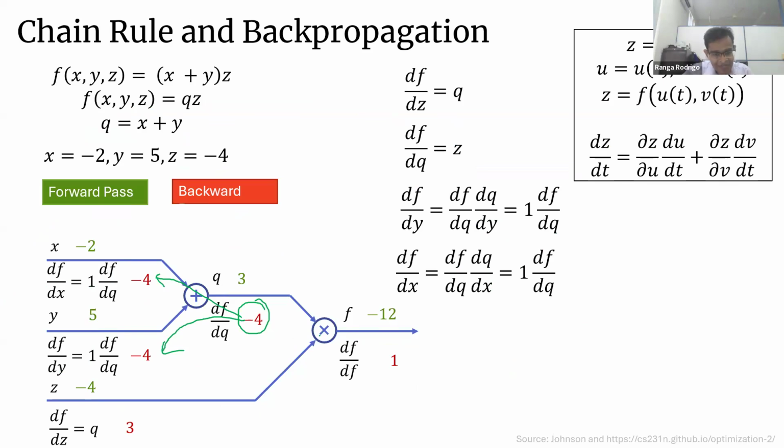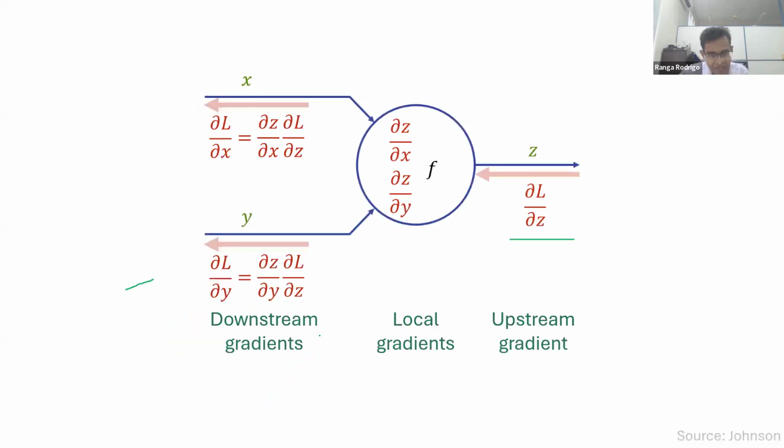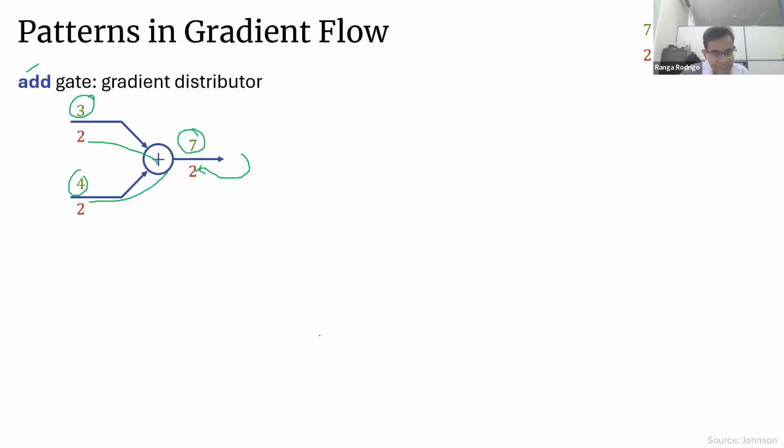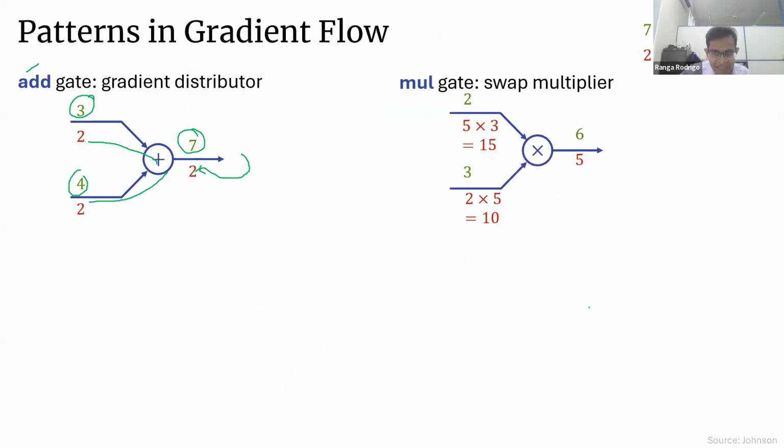For a multiplication node, the gradients actually switch. The values switch as gradients. So like that, there are rules. So this is the add gate, and then we have the mul gate, the multiplying gate. You can see in the mul gate, 2 times 3 is 6. That's a forward pass.